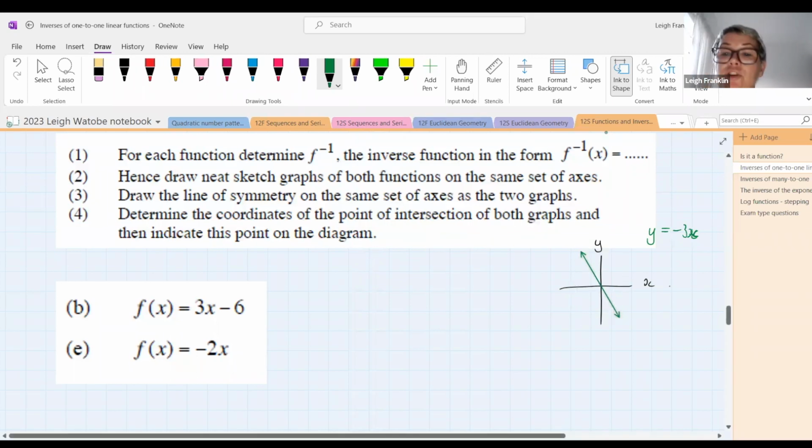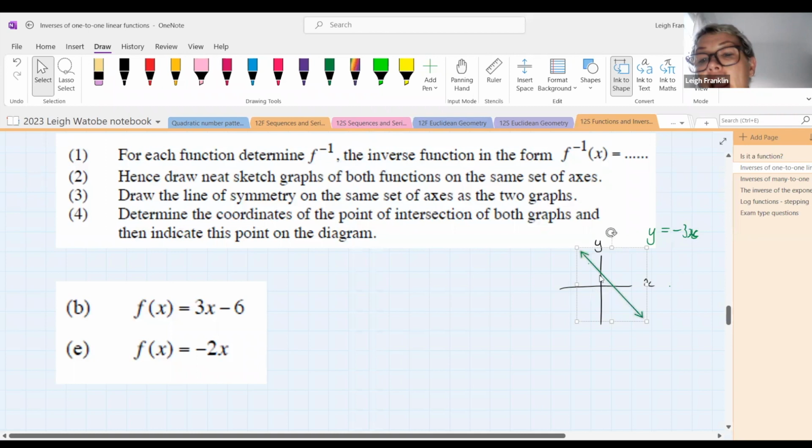But if I drew the line and it looked like this rather, that would also be okay, just as long as it has a negative gradient.